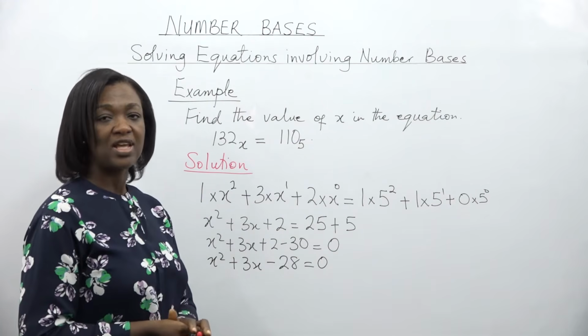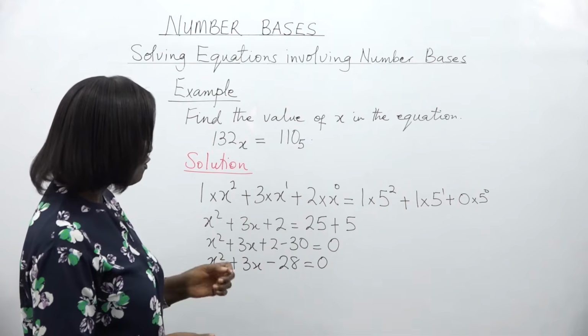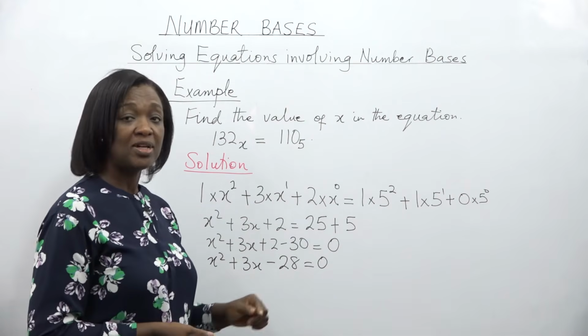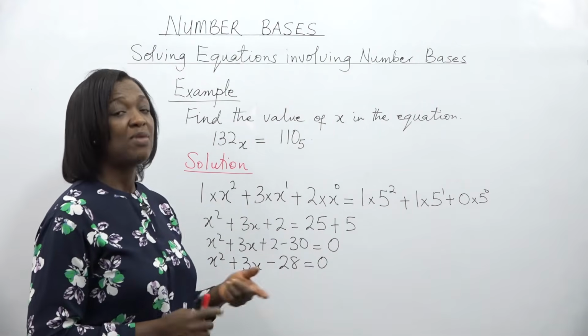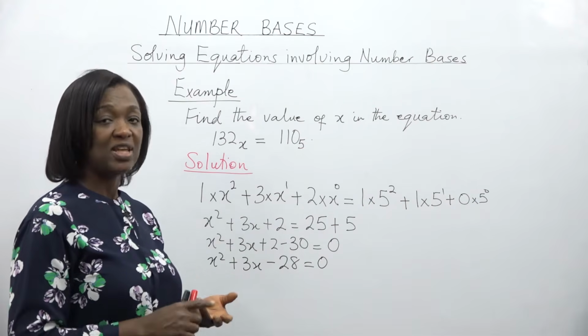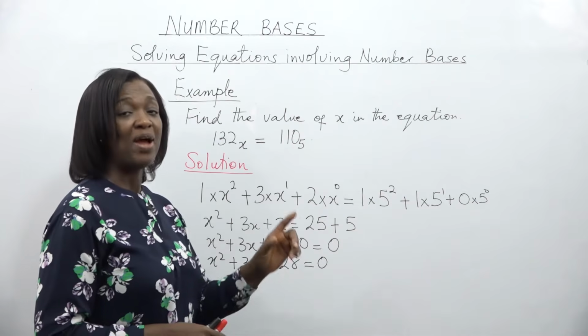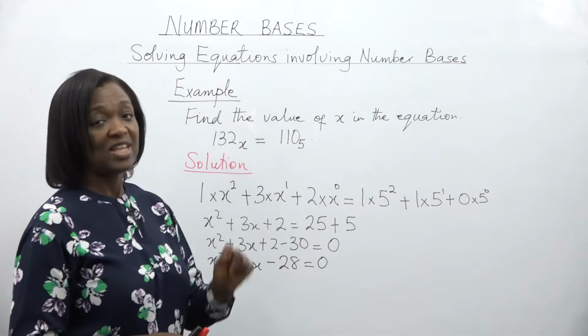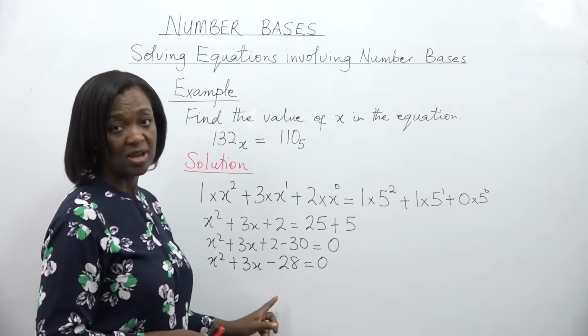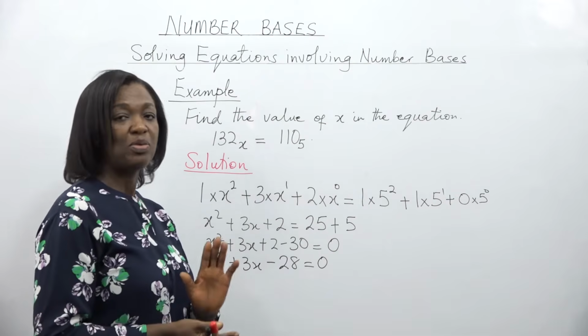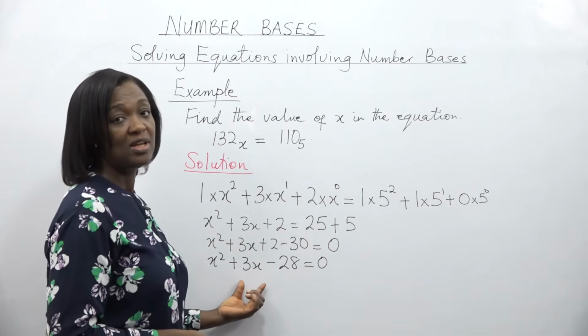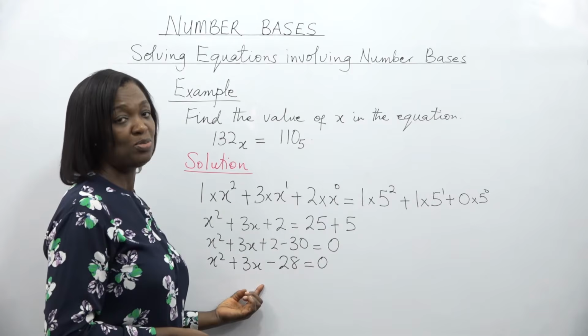Those factors are minus 4 and plus 7, because minus 4 times plus 7 will give you minus 28, but minus 4 plus 7 will give you plus 3.